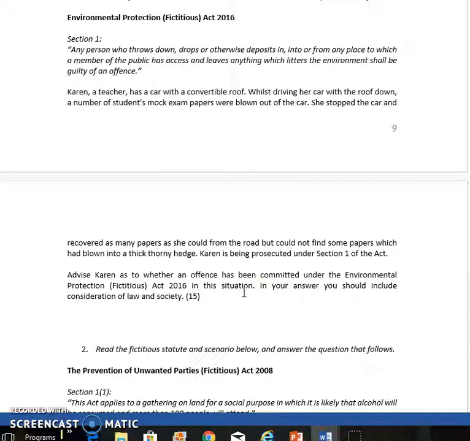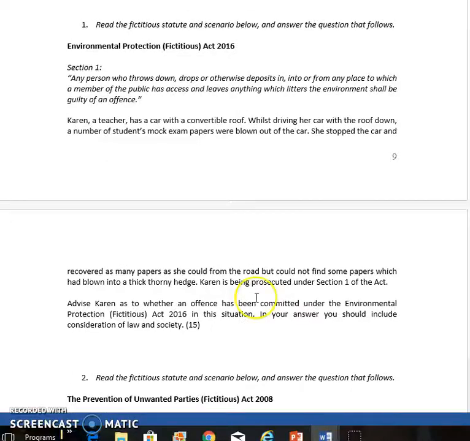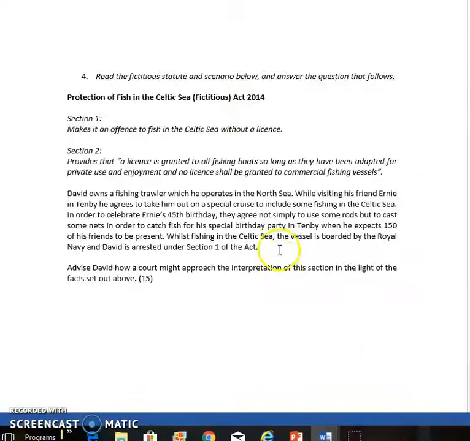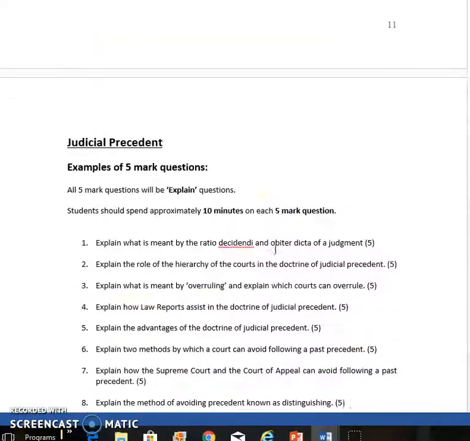Would she be guilty using the golden rule? Would she be guilty using the mischief rule? Would she be guilty using the purposive approach? You might also mention any intrinsic or extrinsic aids that the judge might use to help him make a decision, any rules of language that might be relevant here. There are some other examples here as well.